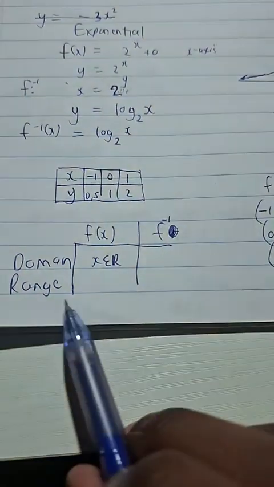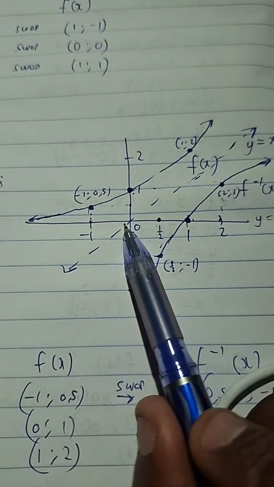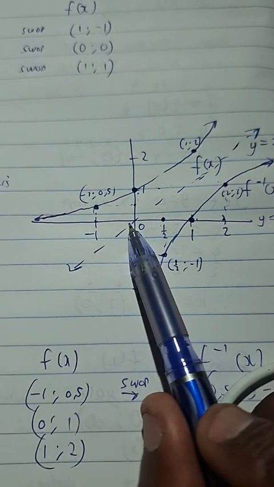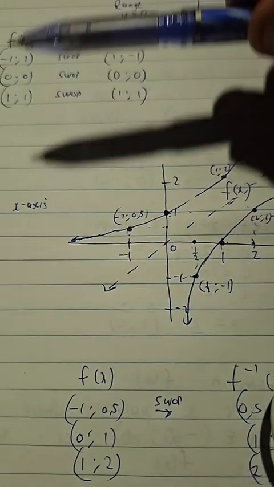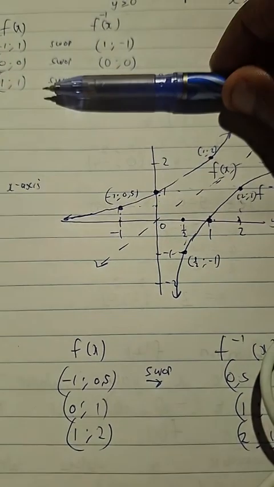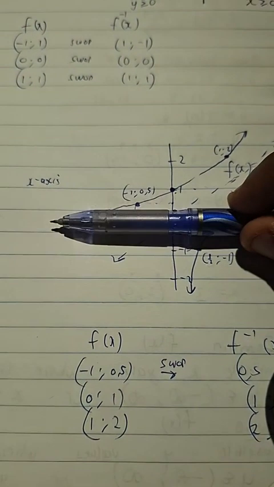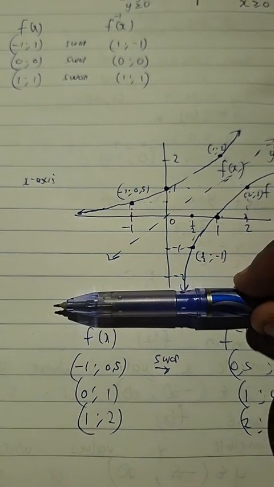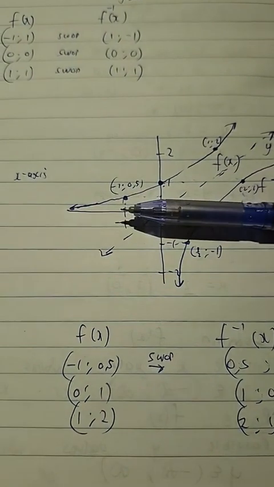What about its range? What is the range of this function? Okay. When we look at the range, we are looking at the possible y values where the function exists. And we look at that from the bottom up. So does the function exist everywhere for y? I'm sure you guys can see that this original function does not exist below the x-axis, and it does not exist on the x-axis.